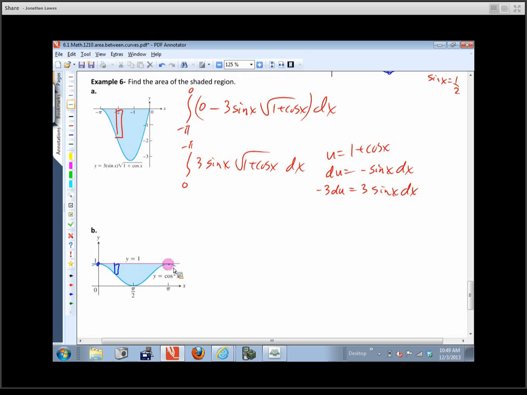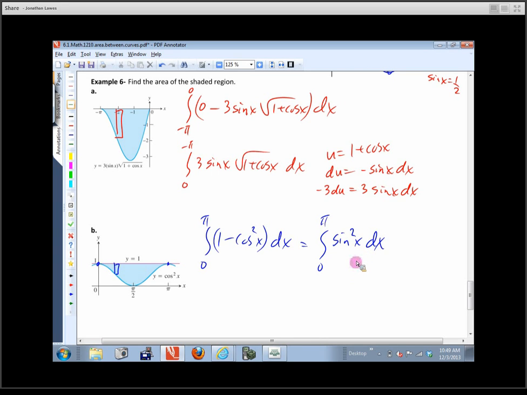Interval starts here and goes to there. 0 to pi. What's the top? 1. What's the bottom? Cosine squared x dx. Sure you can. 1 minus cosine squared is sine squared x dx. Find that answer, you've got your answer.